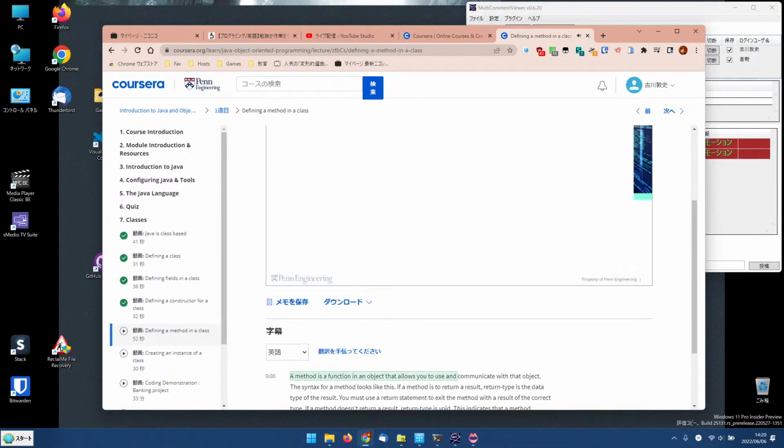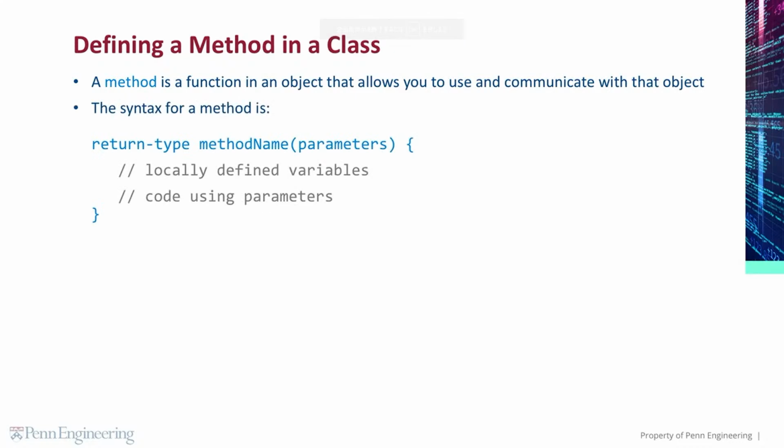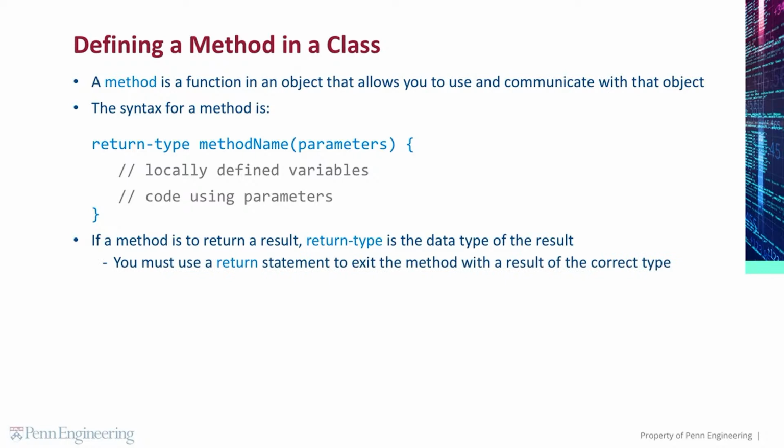A method is a function in an object that allows you to use and communicate with that object. The syntax for a method looks like this. If a method is to return a result, return type is the data type of the result. You must use a return statement to exit the method with a result of the correct type.